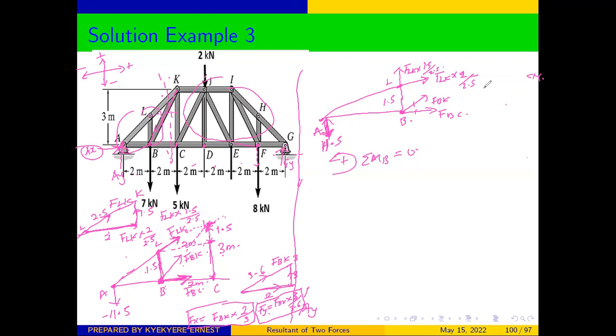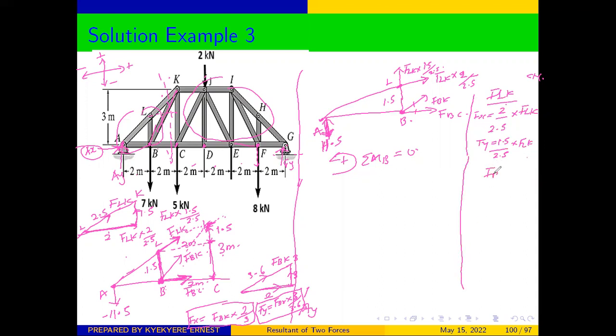Let me write the X component of the various forces. So for FLK, the X component is equal to 2 over 2.5 times FLK, and the Y component is equal to 1.5 over 2.5 times FLK.